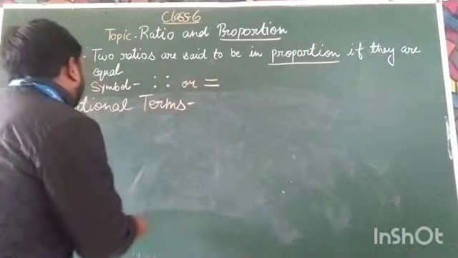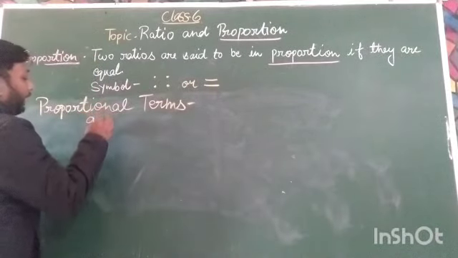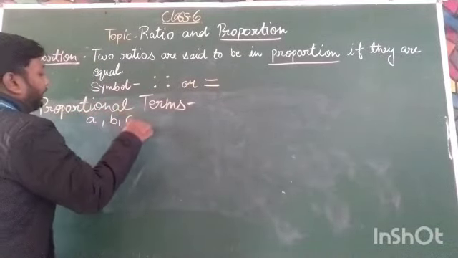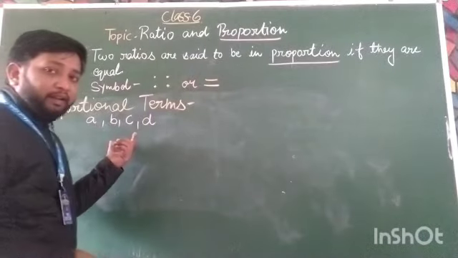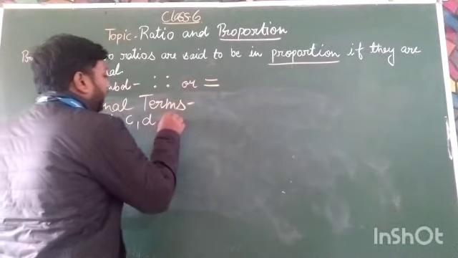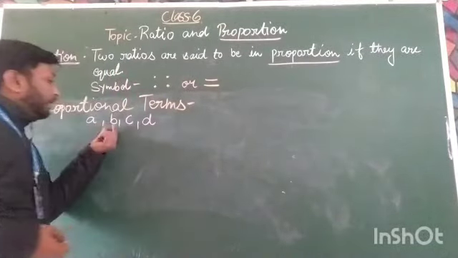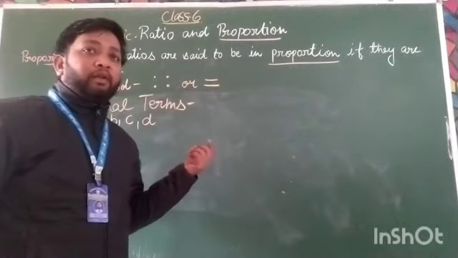So if we take 4 numbers A, B, C and D, and we say they are in proportion.